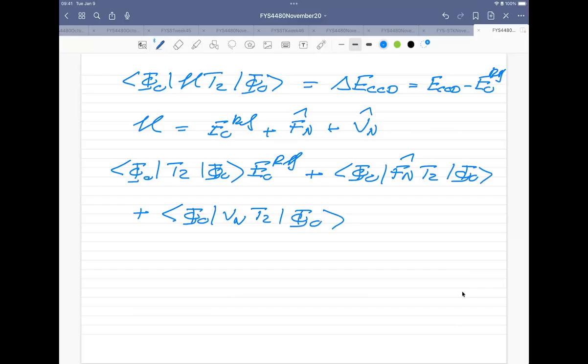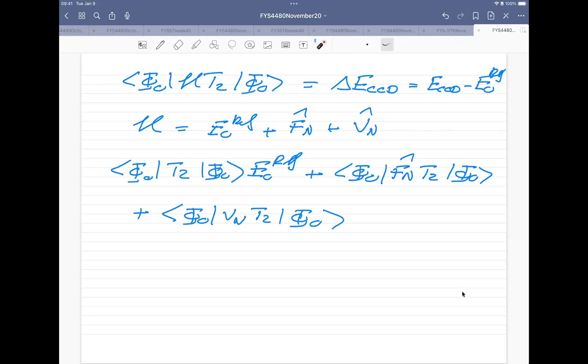Now, if I look at the first term, this one creates a two-particle, two-hole state, which I'm trying to match with a zero-particle, zero-hole state. So this term here is actually equal to 0. Okay?